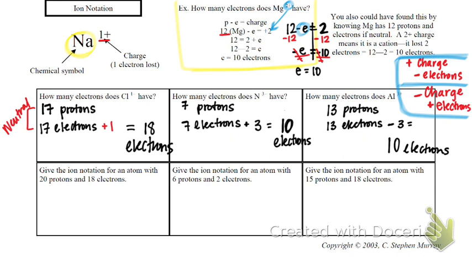All right, this bottom row says to give the ion notation. So what atom has 20 protons? Let's start there. 20. Okay, so the symbol for calcium is Ca. And then if it's only got 18 electrons, what's its charge going to be?